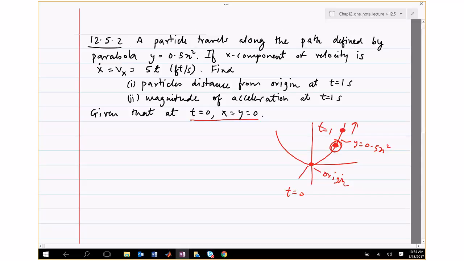Again, it's the same application of the same formula. You're told the velocity, so if you know the velocity, then you can find the position by integrating, right?